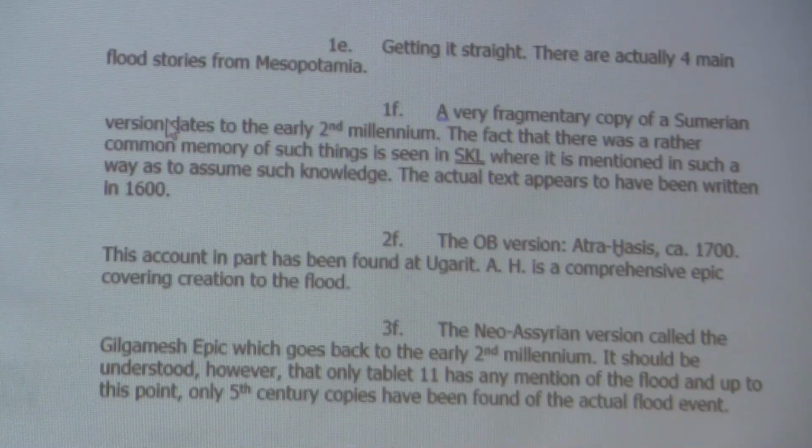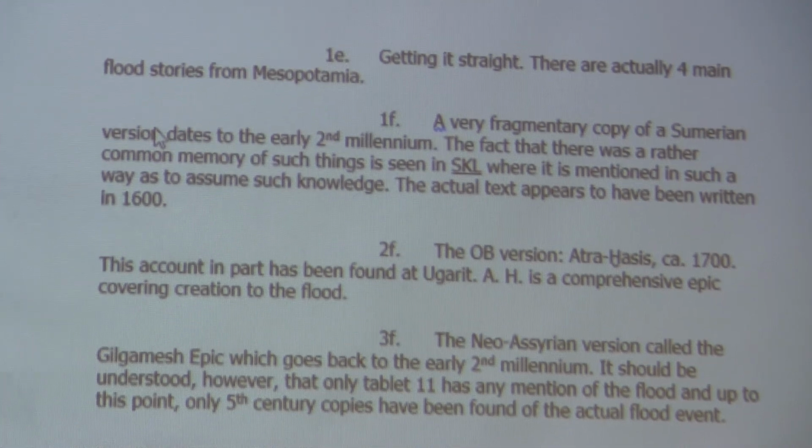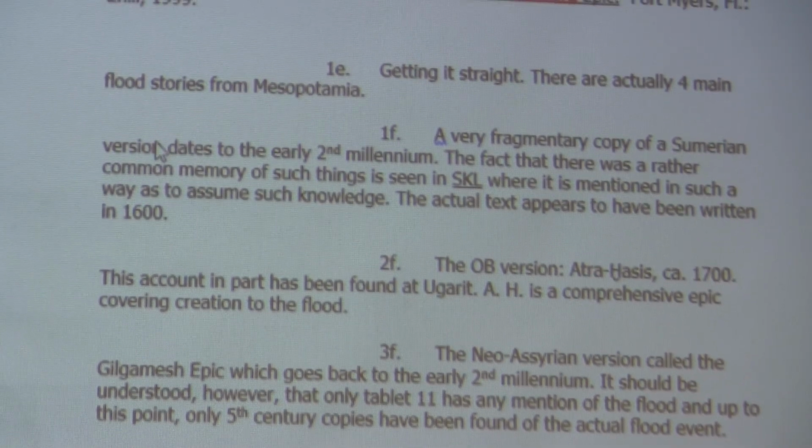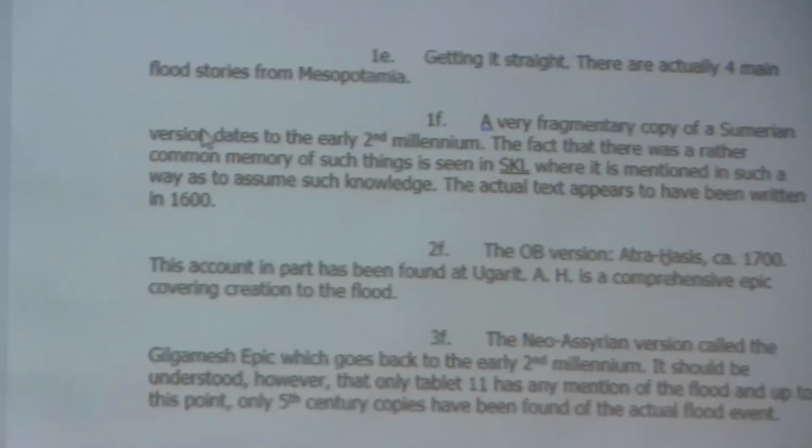There are actually four main flood stories from Mesopotamia. Both in the Bible and in Mesopotamia, there are accounts that suggest that both the Babylonians and the Bible believed that there was a flood that destroyed human civilization.